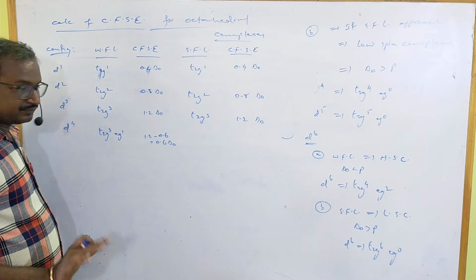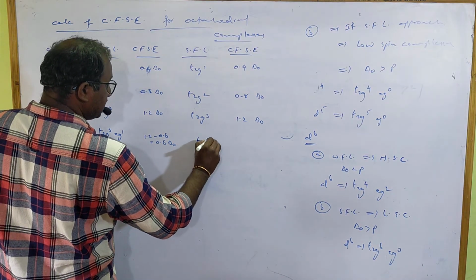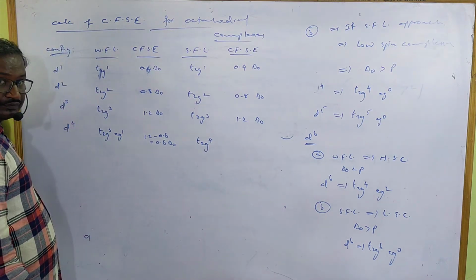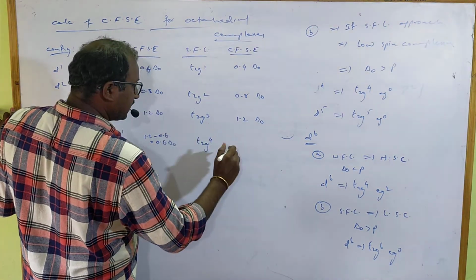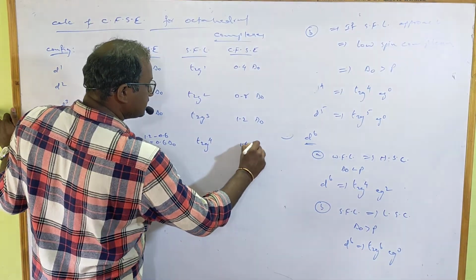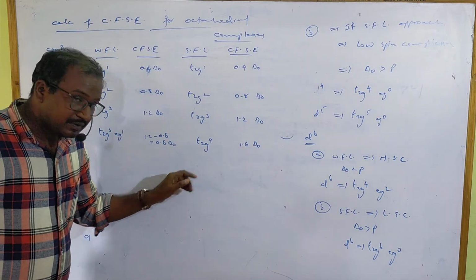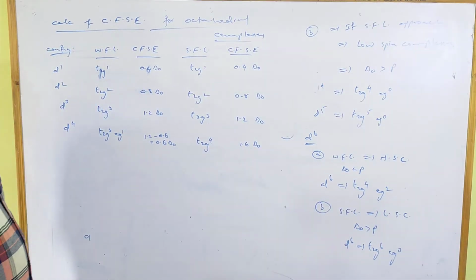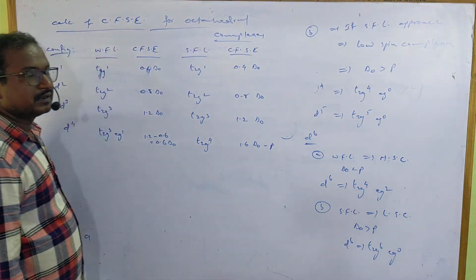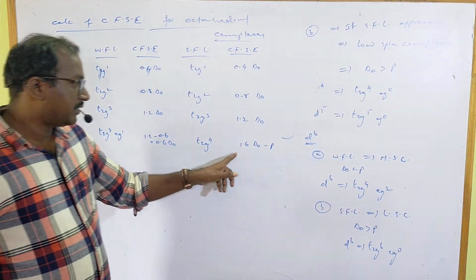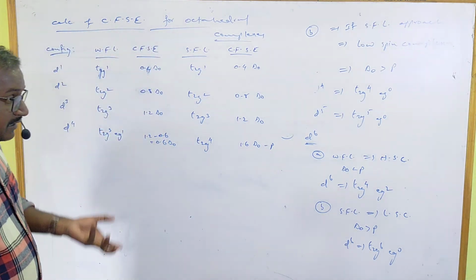No pairing here. And if strong field ligand is there, it becomes t2g4. Means total 4 electrons, 1.6 delta O. One electron will go for pairing, so pairing takes place here. The energy required for pairing has to be accounted for, so 1.6 delta O minus P. Why am I writing minus P?